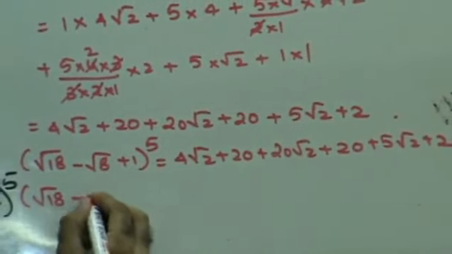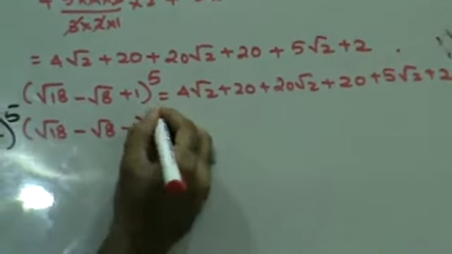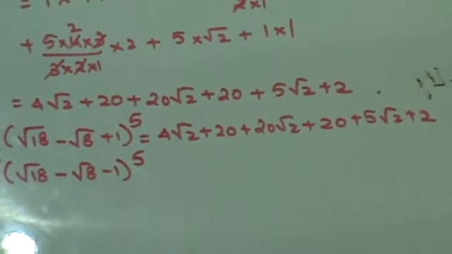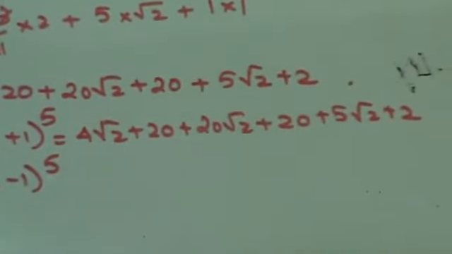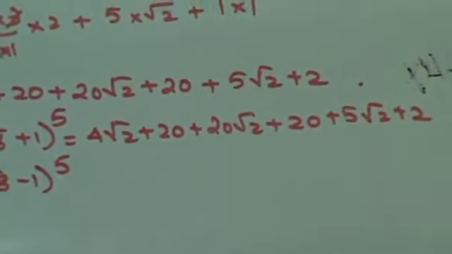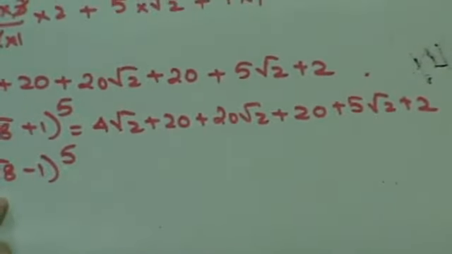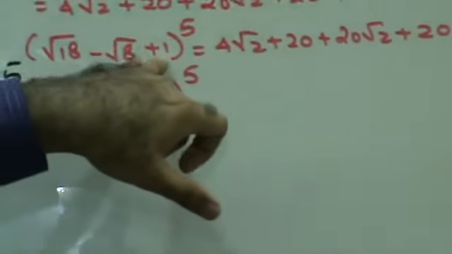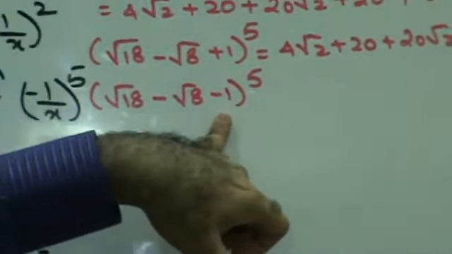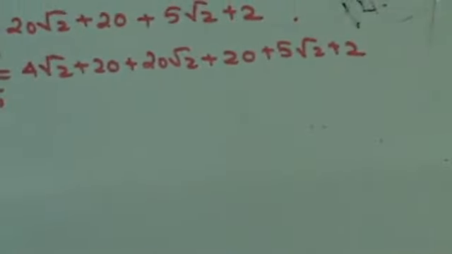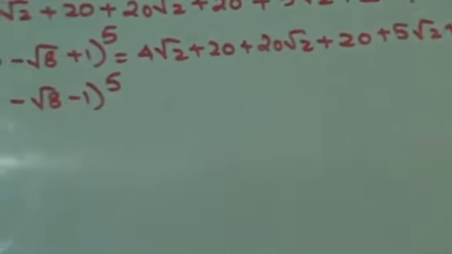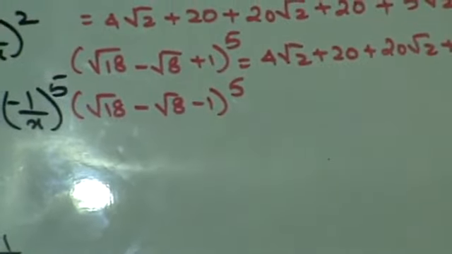Root 18 minus root 8 minus 1 the whole raised to 5. Now, when we were solving the first term, we had already found out that root 18 minus root 8 is nothing but root 2. Root 18 is 3 root 2, root 8 is 2 root 2, so that will give me just root 2. This was root 2 plus 1, this is root 2 minus 1. Both the terms are the same except that the sign is opposite. When you have a subtraction sign, the expansion remains the same except that the alternate signs reverse.